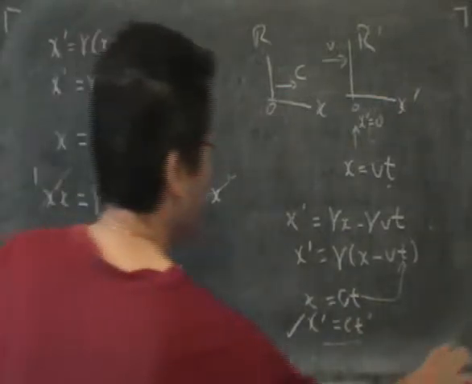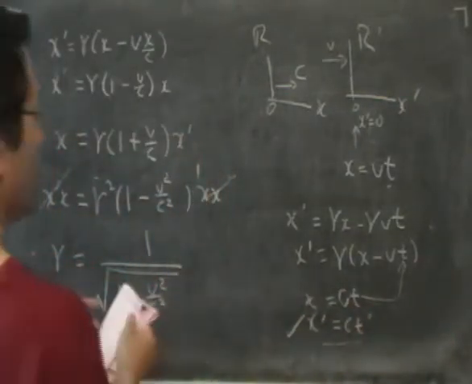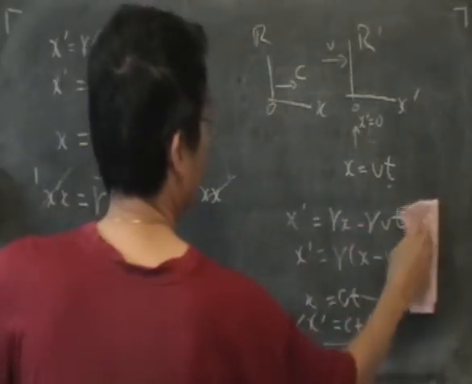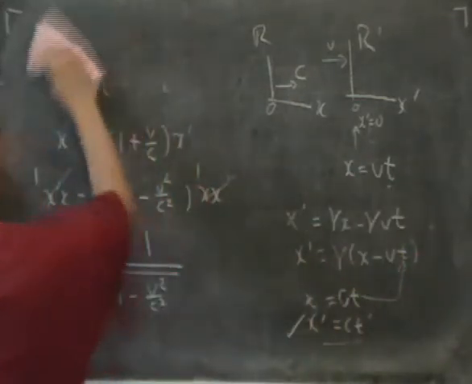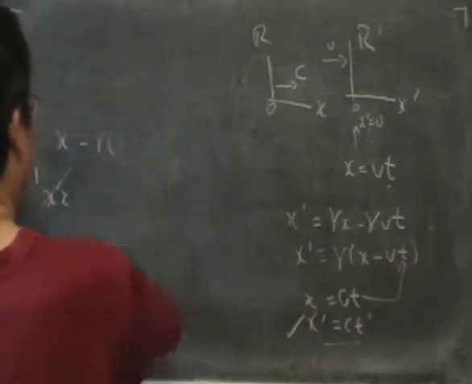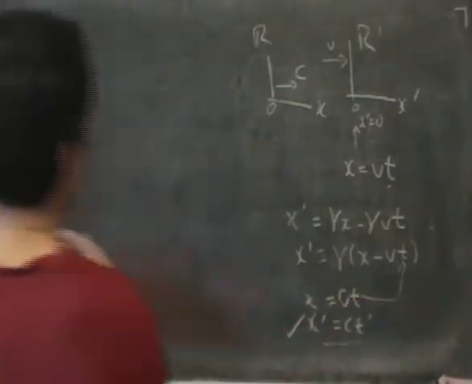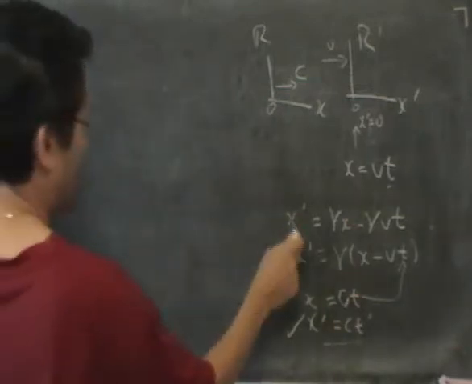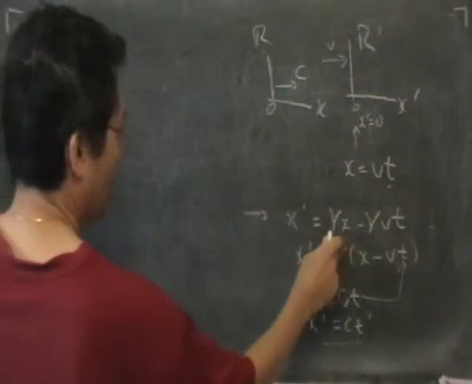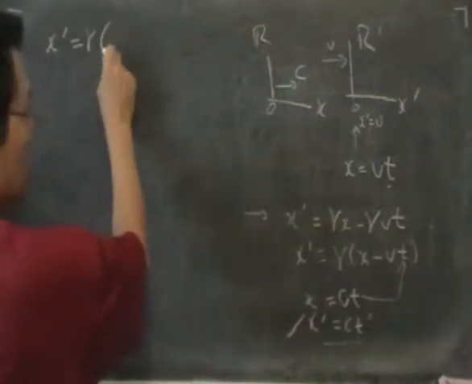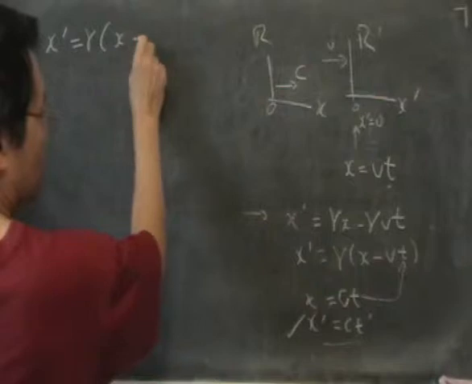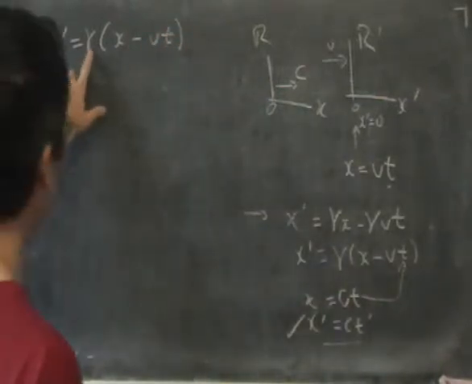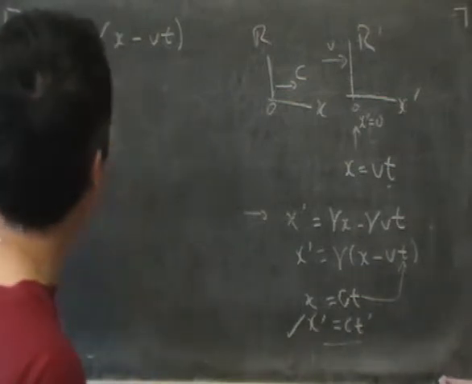Okay, let me write that down. So this is my first new equation: x prime equals, I'll factor out the gamma, gamma times x minus vt. So that's one equation where I now know that gamma is that Lorentz factor.